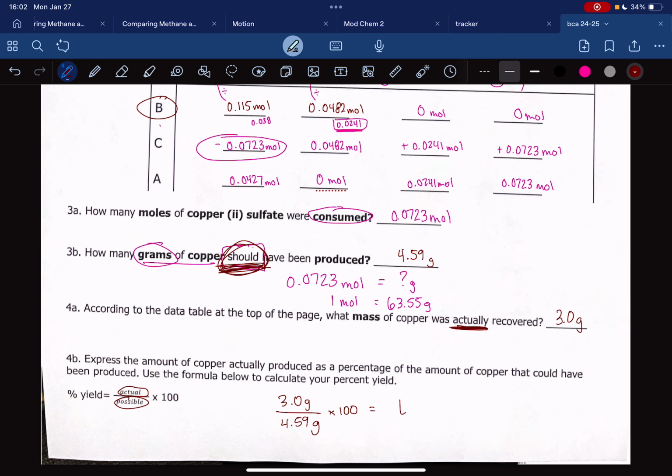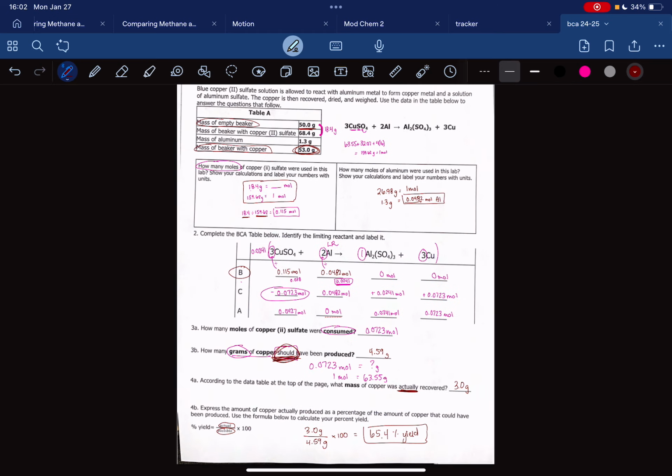And we got 65.4% yield. So not great yield. I think the front side was something like 82% yield. So the person who collected this data didn't do as good of a job with their lab. But as long as we're able to do all the math correctly, that's all that matters here.